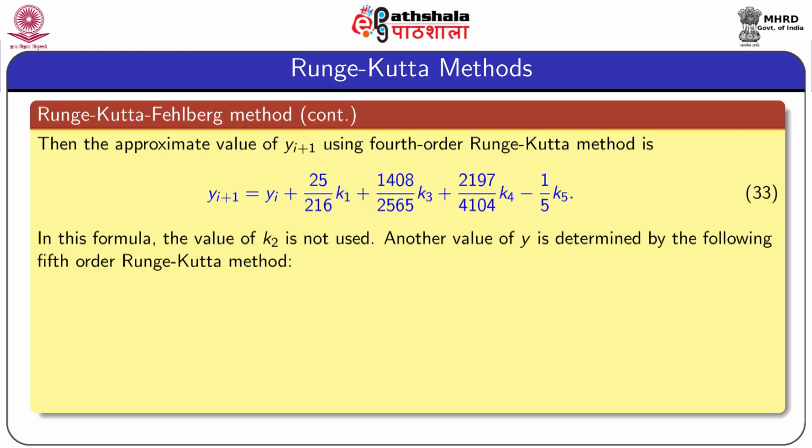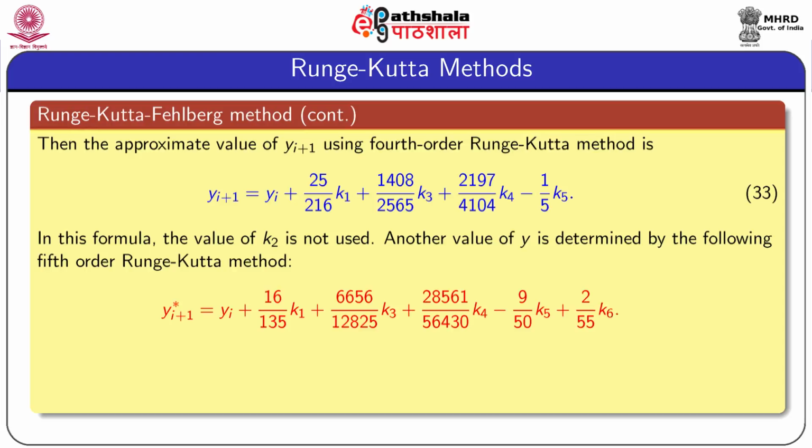Another value of y is determined by the following fifth order Runge-Kutta method, that one is this one. That means the fifth order Runge-Kutta method is given by equation 34 and the value of yi+1 is denoted by yi+1 star. Equation 34 is the fifth order formula because it contains 5 k's, k1, k3, k4, k5 and k6.